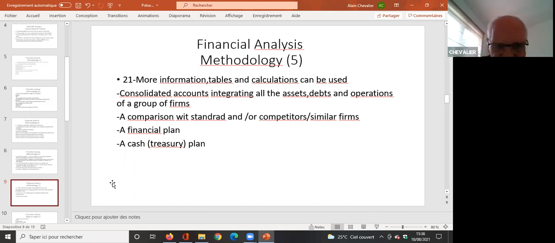It's another way to have a good feeling of the potential liquidity and solvency problem. And this is what we will see in many other parts. You have two approaches to deal with cash and treasury problems. The first one is through ratios. The second one is through a cash treasury plan. And for bankers also, it could be through the analysis of the cash movements in the accounts.